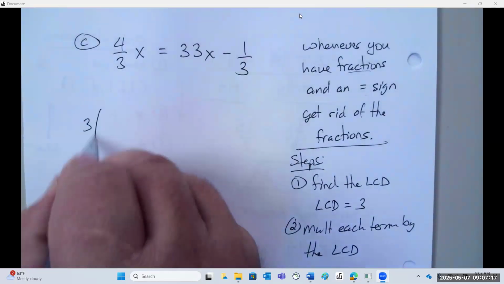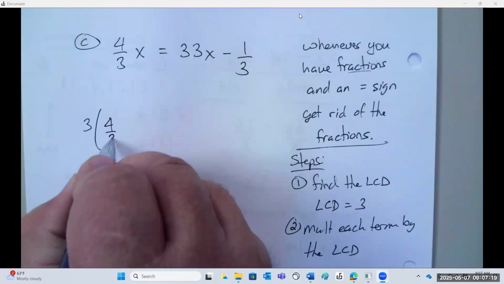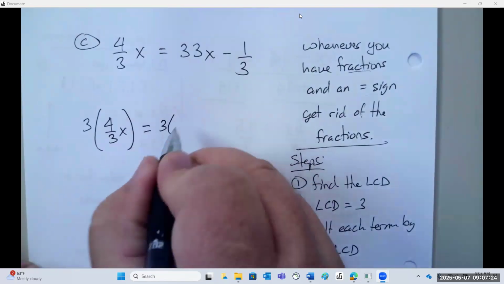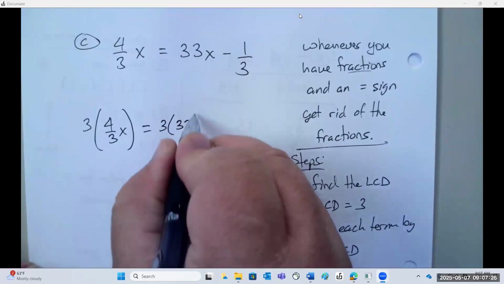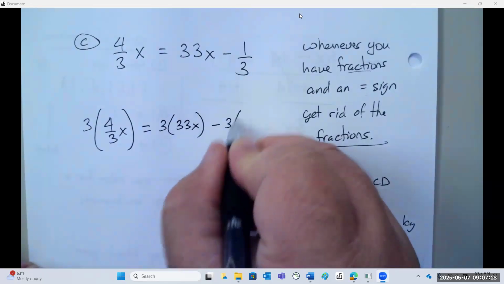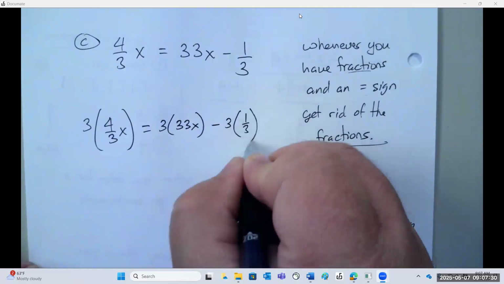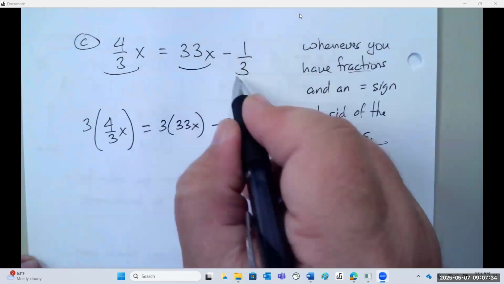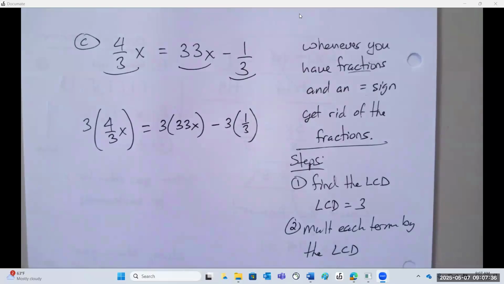So it's 3 times 4/3 x equals 3 times 3x minus 3 times 1/3. Remember, a term is anything separated by a plus, minus, or equals.